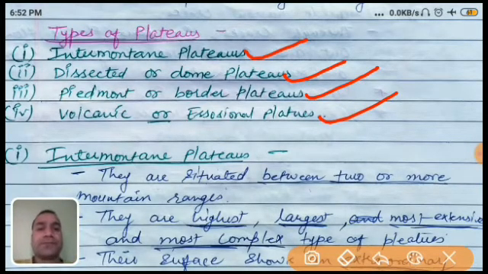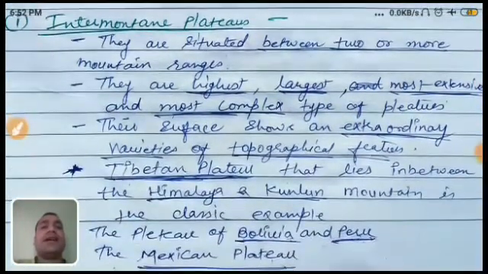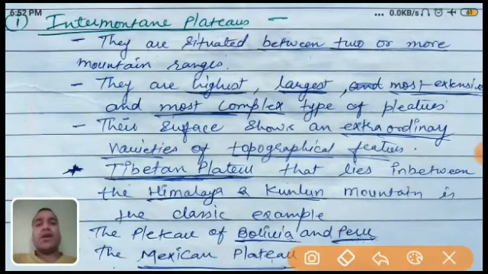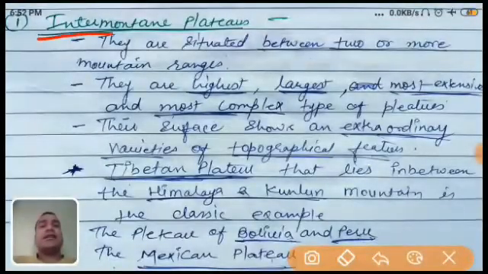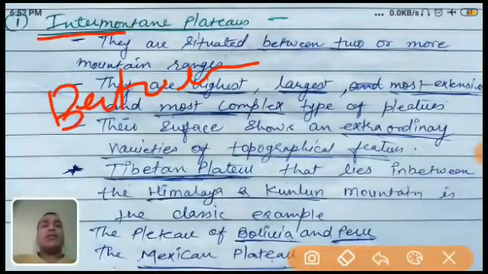Now see, the first one is the intermountain plateau. Why is it called intermountain? By its name. Generally, inter means between, and mountain is the mountain.